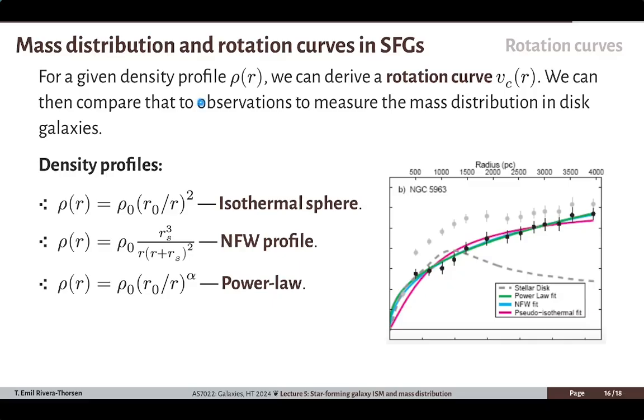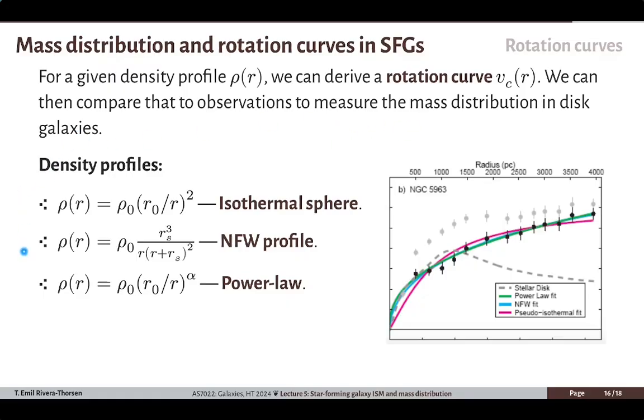For a given density profile rho of r, we can then derive the rotation curve, which is simply the circular velocity as a function of r. And we can then compare that to observed values of these curves in various galaxies to measure the mass distribution in these galaxies.